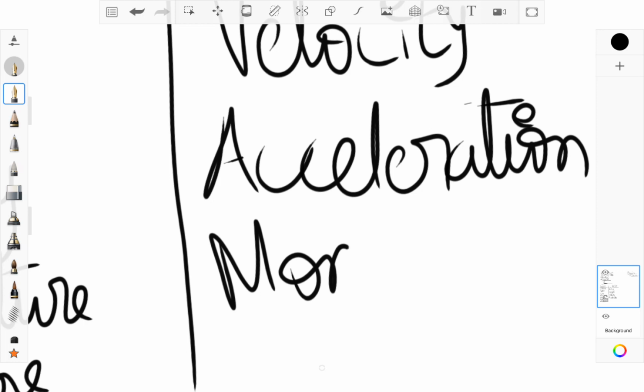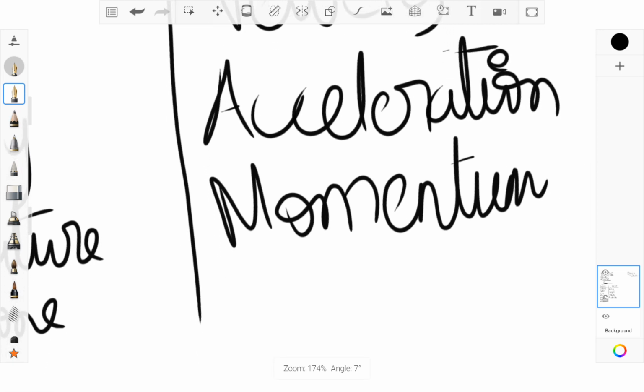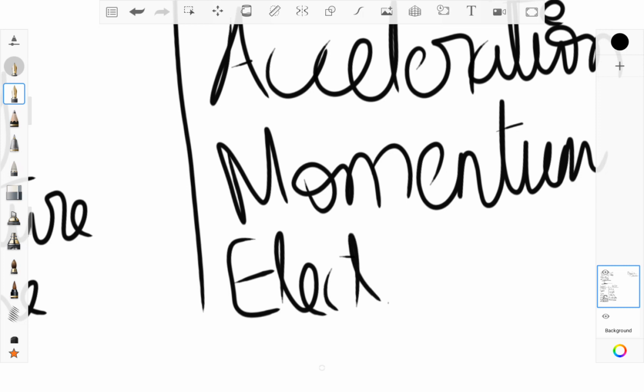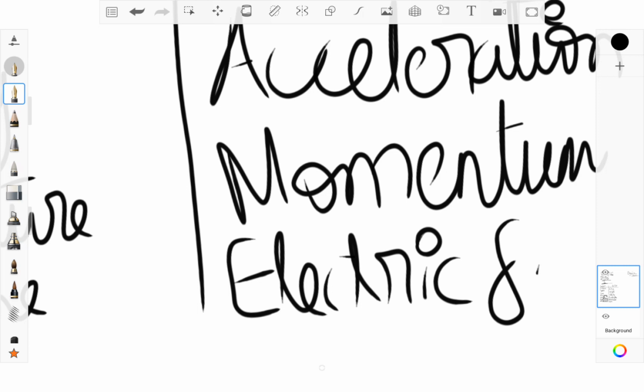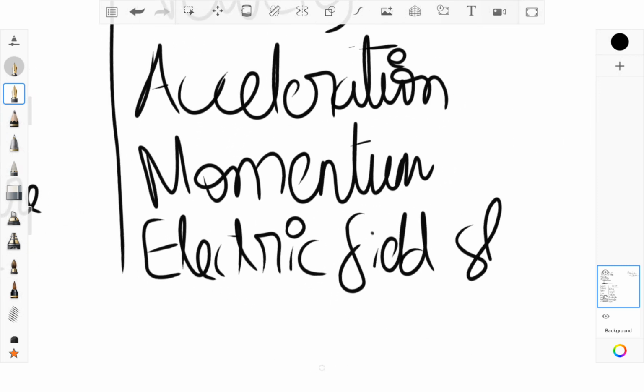Momentum is also a vector quantity because it deals with moving bodies. Electric field strength, I think that's obvious because of the directions, because electric field lines show the direction.